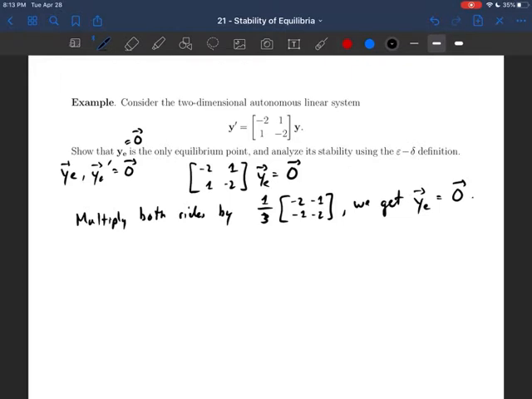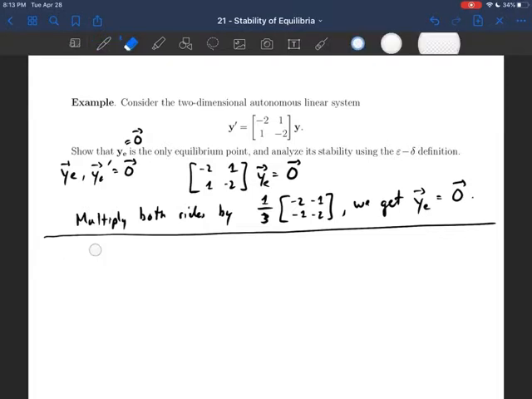So this is the only solution. 0 is the only equilibrium of this linear system. In fact, the origin is the only equilibrium of pretty much every linear system, as long as it's not a non-invertible matrix.